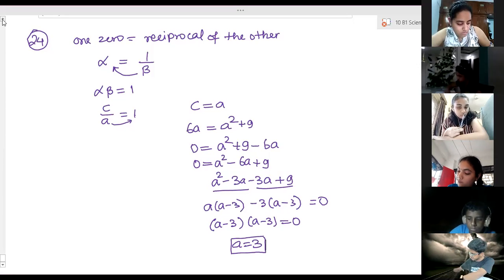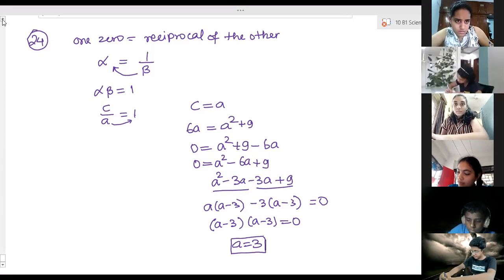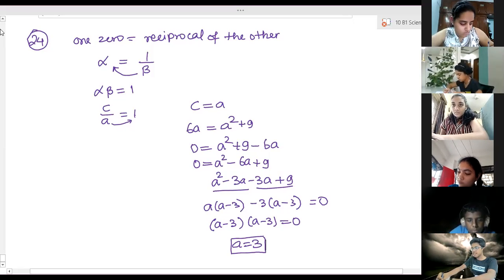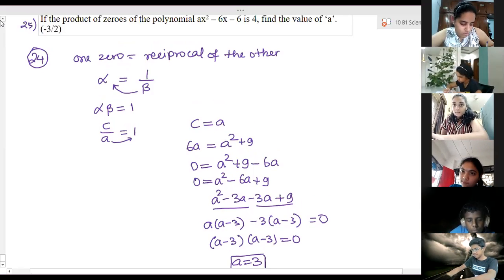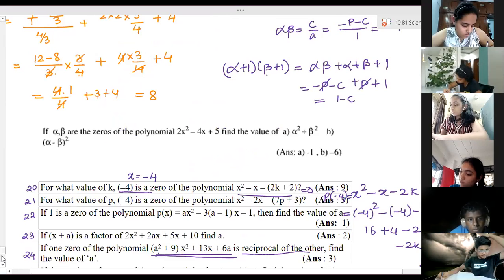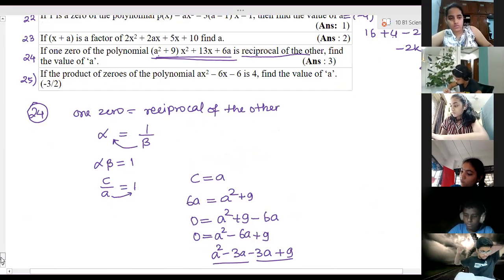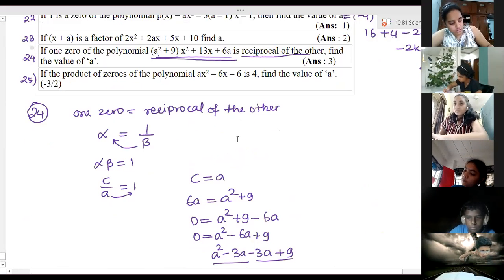Ma'am, how is a square plus 9? Ma'am, I understood till C is equal to A. After that, what do you do? From the equation, substitute the value of C and A. This is the equation given, right? So what is the value of A, B, and C?